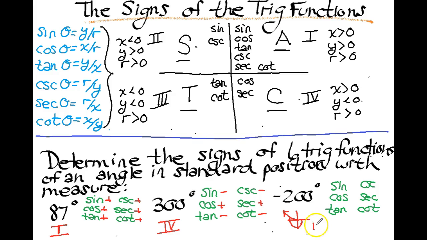So we're in quadrant 2. We see in quadrant 2 that we have a big S, so that tells us that sine and its reciprocal will be positive. So I'm going to mark sine and its reciprocal as positive. All the other functions will be negative. Okay, and that's how you find the signs of the trig functions given a particular angle.